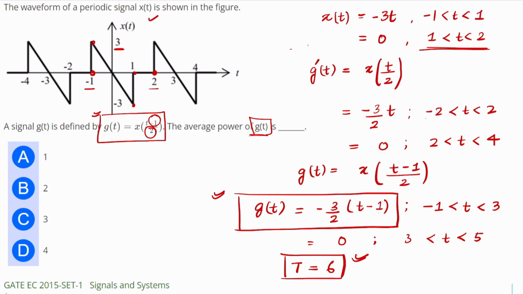Now they are asking to find out the average power. So how can we find the average power? Average power is given as 1 by T integration from minus T to T of the signal x(t) whole square dt, or you can write minus T by 2 to T by 2, or 0 to T, whatever suits you.